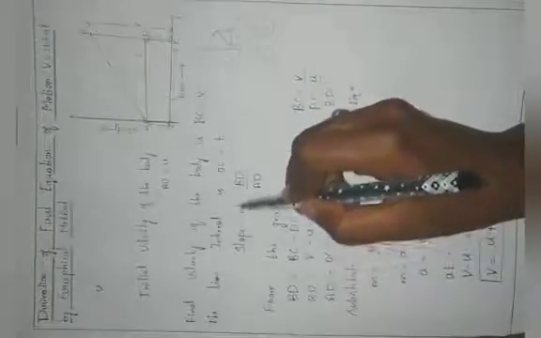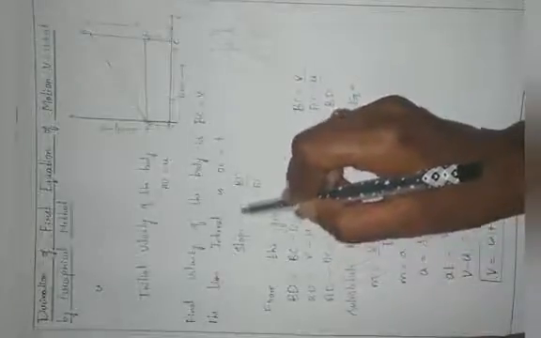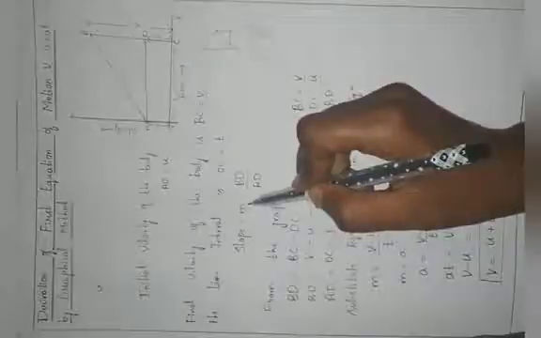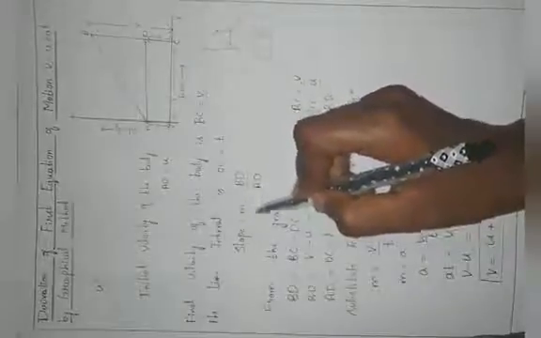Here ABD is a triangle. So vertical distance is BD and horizontal distance is AD. So slope m is equal to BD divided by AD. It is represented with the letter small m, which you can study in mathematics.